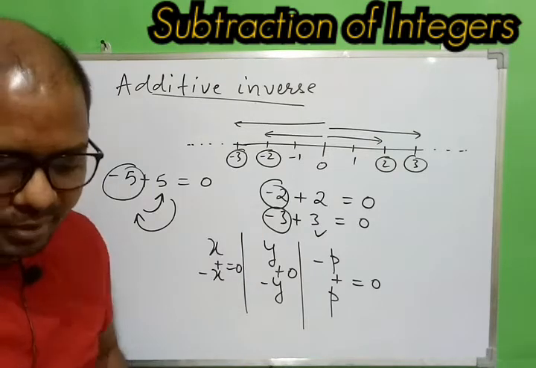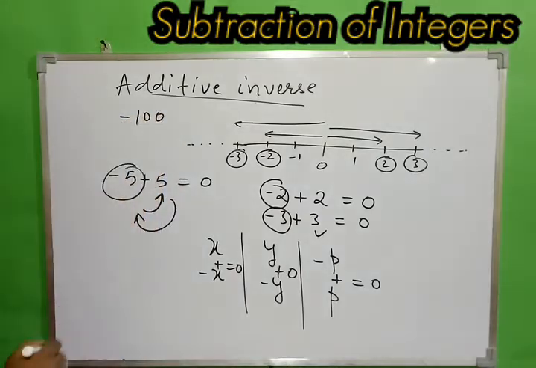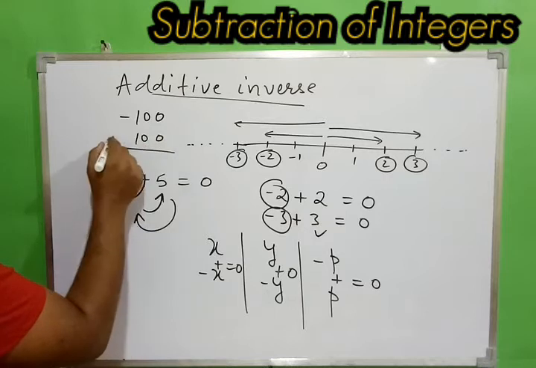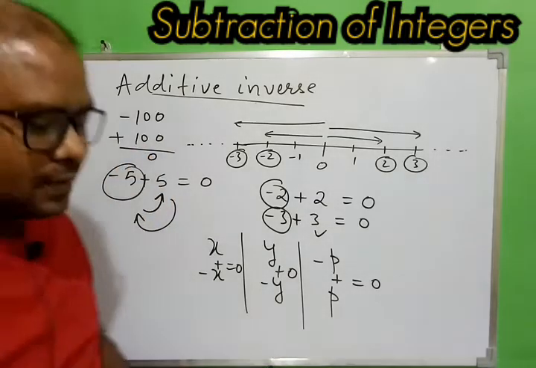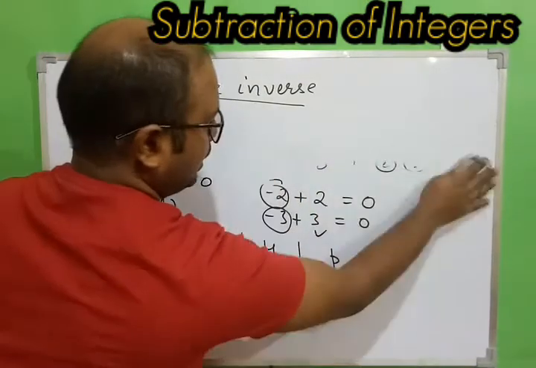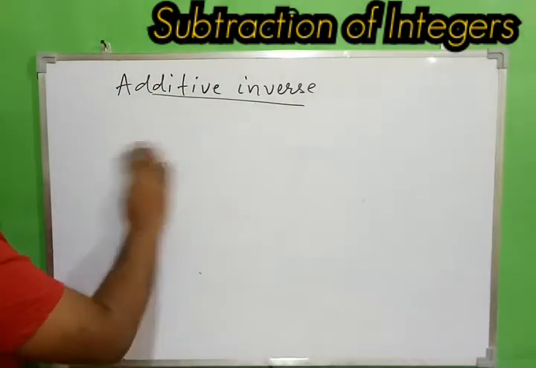I hope you understood the meaning of additive inverse. If I give the number -100, the additive inverse of -100 will be 100, so that if you add it together you will get 0. Always remember this concept, because this is going to help us in the subtraction part.